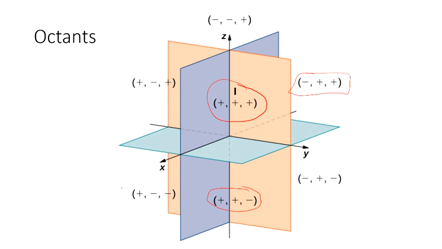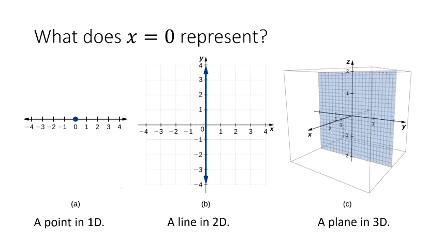Okay. Now another thing we need to know is that this equation x equals to 0 we just talked about can represent different things now. Right? It depends on which space you are looking at. When we say x equals to 0 in a one-dimensional space, we're talking about a number line. Right?